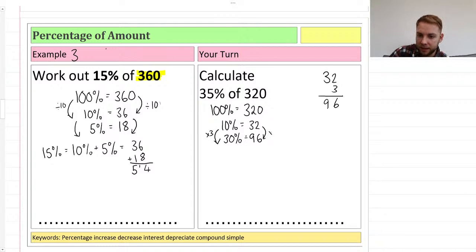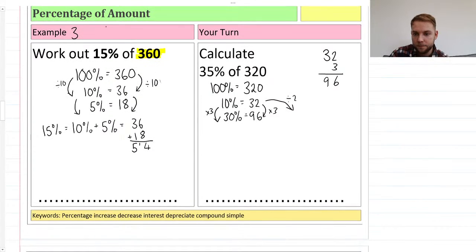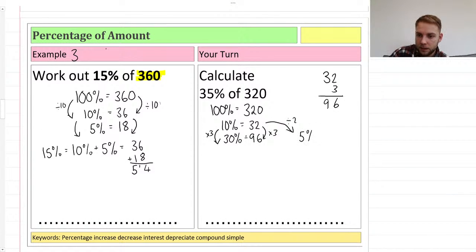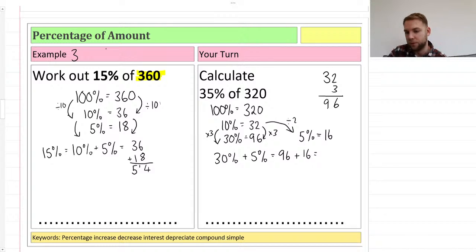But we also need to find 5%, and I do that by dividing by 2. So 5% is going to be equal to half of this, which is 16. So to find 35%, it's going to be 30% plus the 5%, which is equal to 96 plus 16, which is equal to 112.